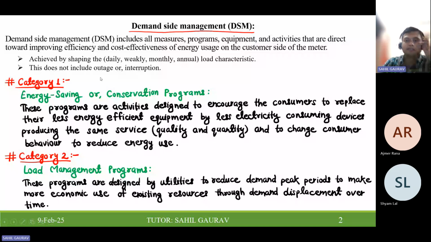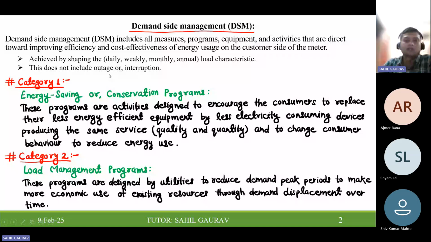Demand side management can be categorized into two types. The first category is energy saving or conservation programs. These programs are activities designed to encourage consumers to replace their less energy efficient equipment with less electricity consuming devices producing the same service, and to change consumer behavior to reduce energy usage. The second category is load management programs.